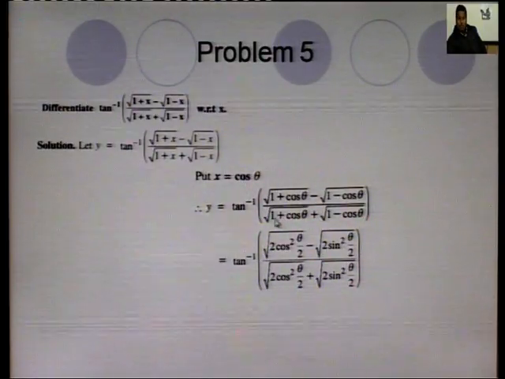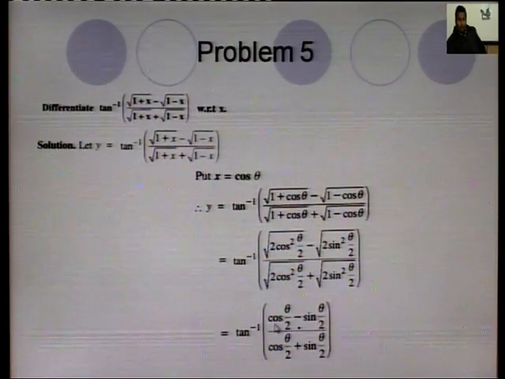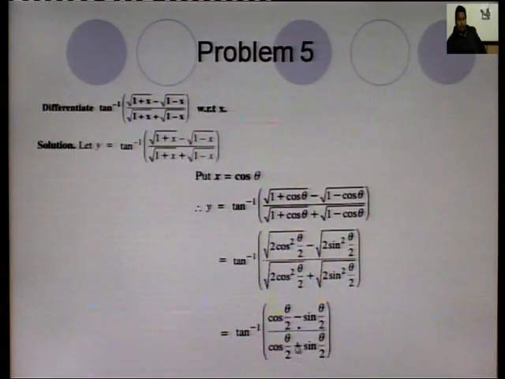After simplifying it, we take root 2 common. The root 2 from numerator and denominator will cancel out. So the term remaining will be cos theta by 2 minus sin theta by 2, divided by cos theta by 2 plus sin theta by 2.